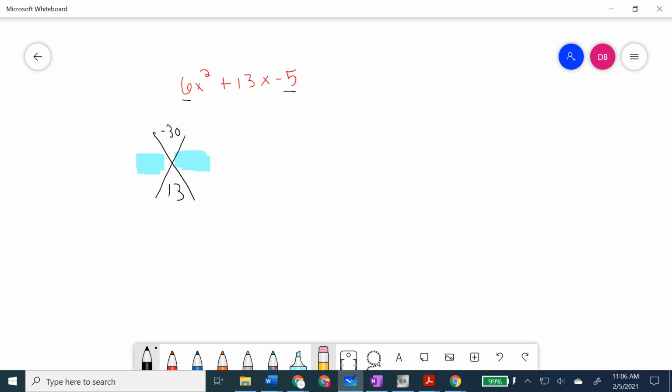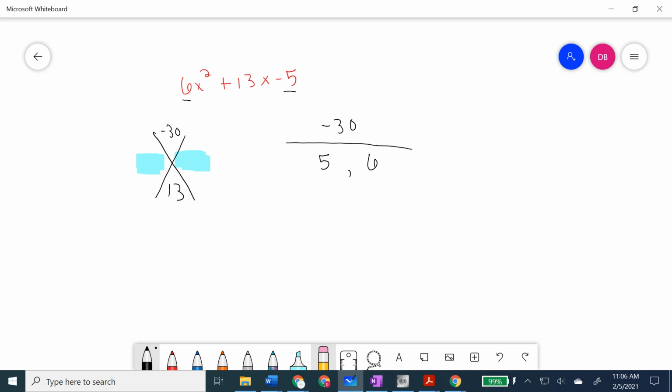Start off with the fact that you have negative 30 and you need a pair of numbers that will multiply to make negative 30. So what most likely comes to mind is, say, 5 and 6 make 30.